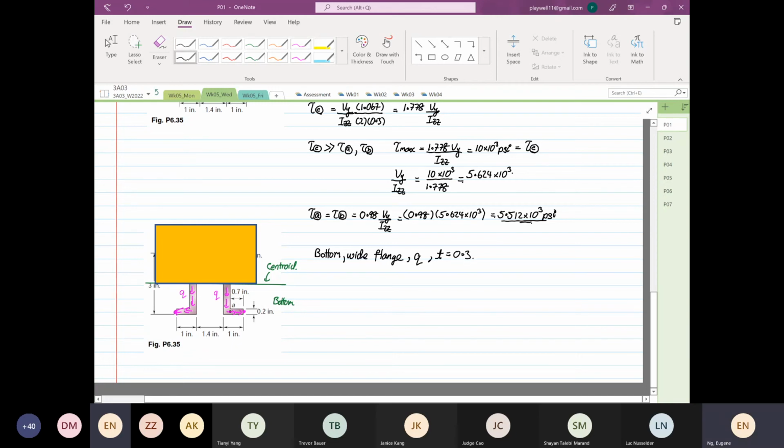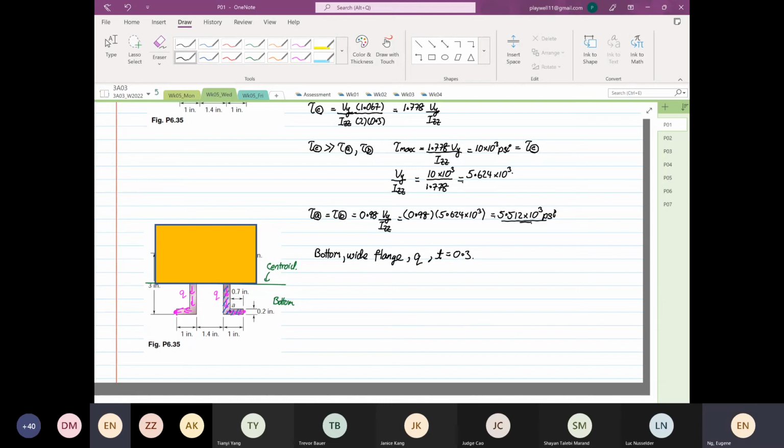The only thing we have to do now is to consider this shaded area down here. You don't need to consider anything on the left-hand side because they are not related.